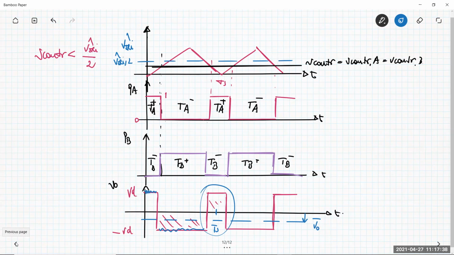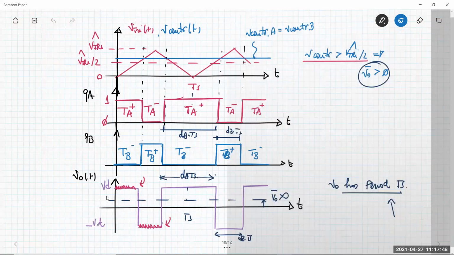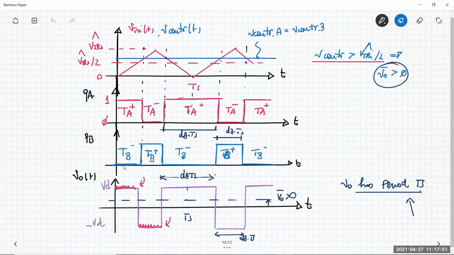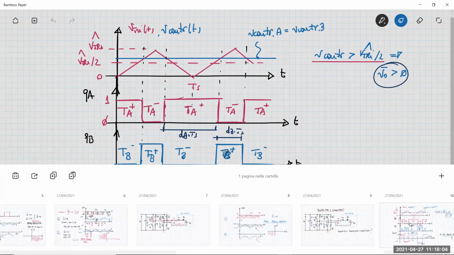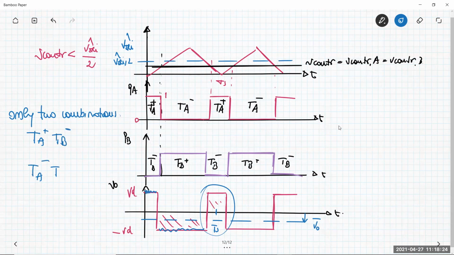Looking at these two different situations I considered before, it now appears evident from this discussion that there are just two possible combinations of the switches in this bipolar modulation: Ta plus and Tb minus, and Ta minus and Tb plus.